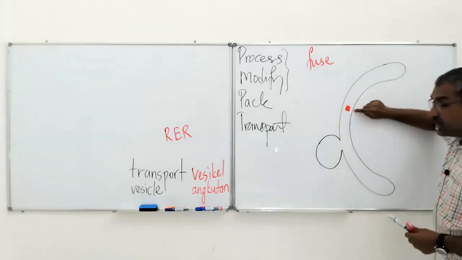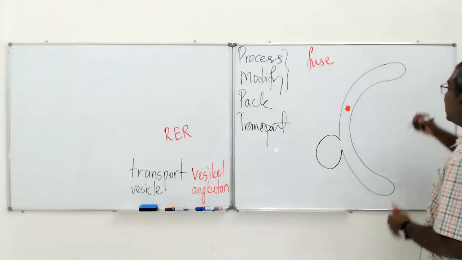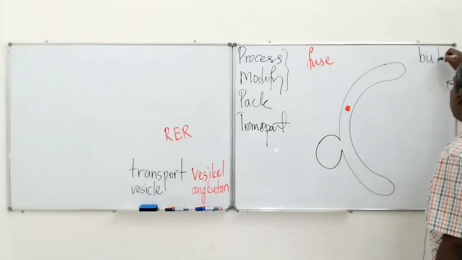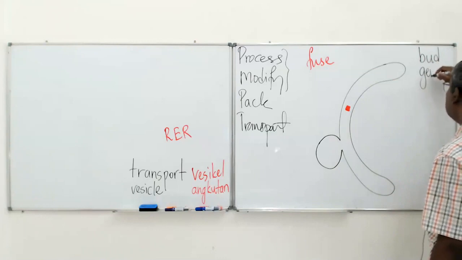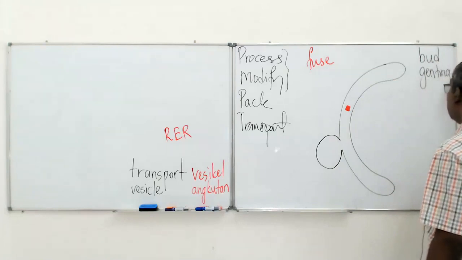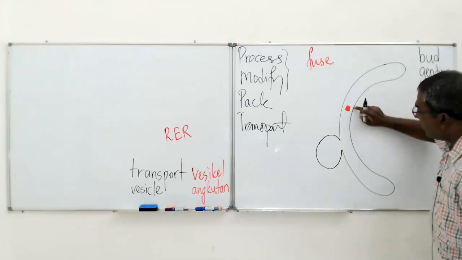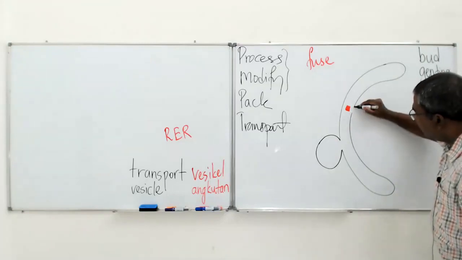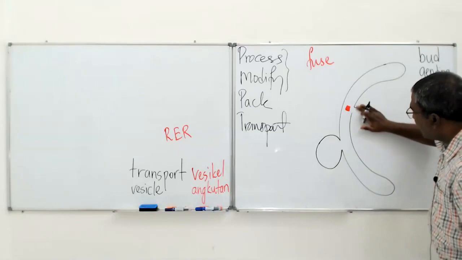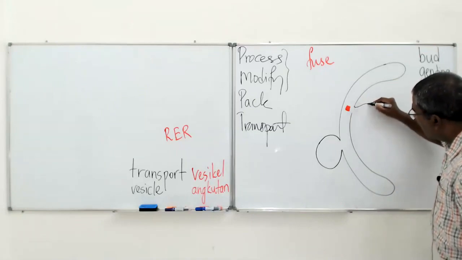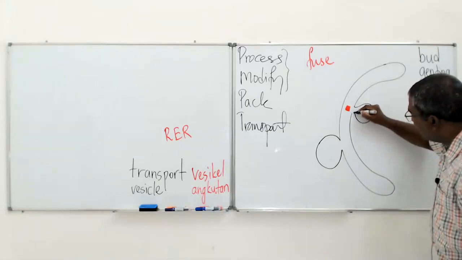Dinding Golgi apparatus akan membentuk bud, ataupun dia akan membentuk genting, dia akan membentuk tunas. Contoh, over this place. Dia akan jadi macam ni. Dia akan bentuk macam ni.